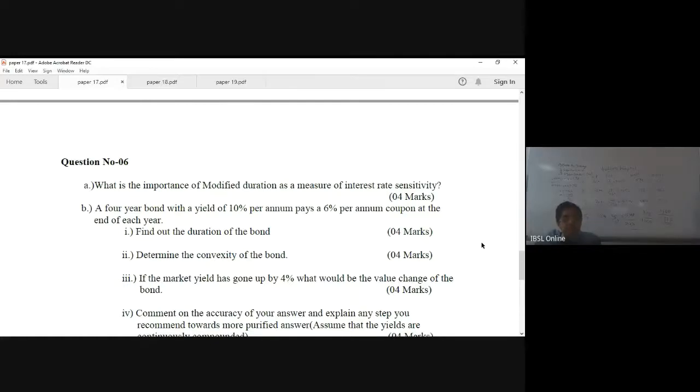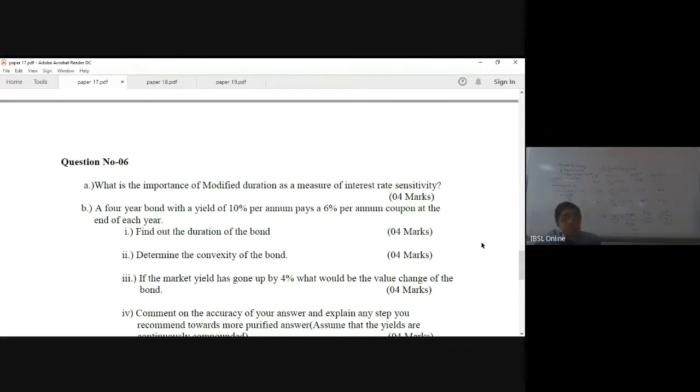Then when you go to the next year, you get 60 into e to the power minus 2 into 0.1, that is minus 0.2. In the third year, you get 60 into e to the power minus 3 into 0.1, that is minus 0.3.